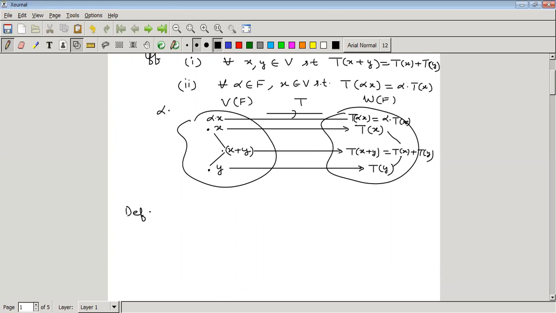Second definition, that is linear operator.